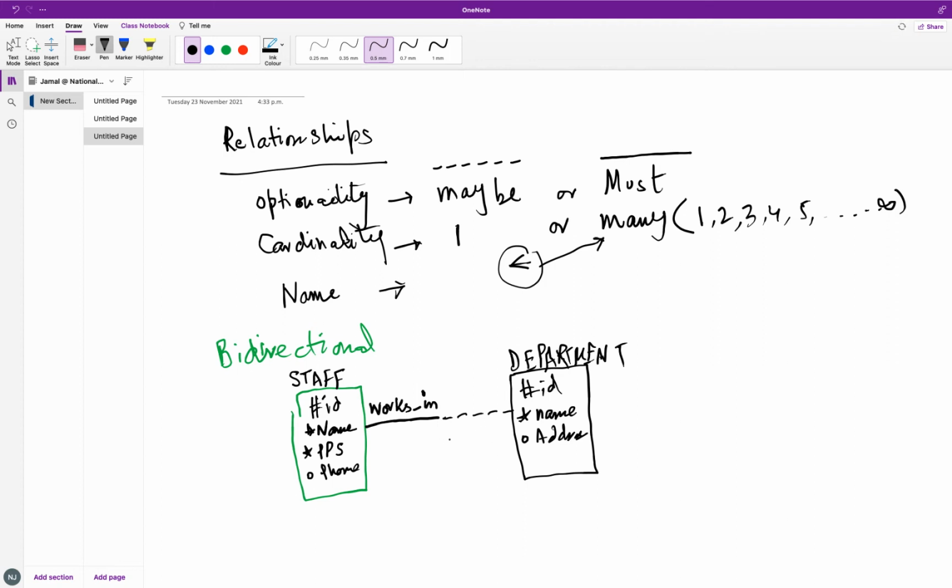Each department may contain, or be comprised of, one or many employees. For one or many employees, it means that I have to place this crowfoot here.